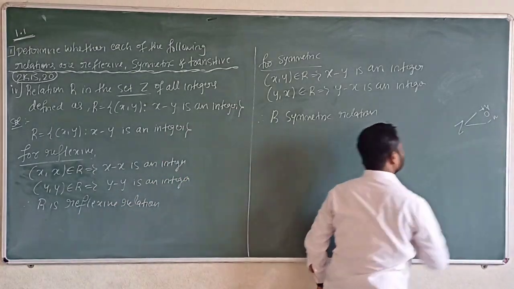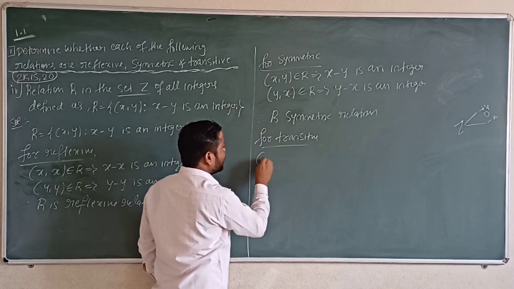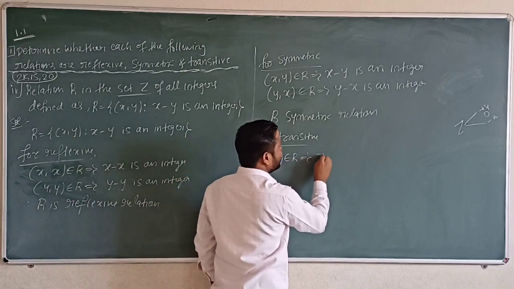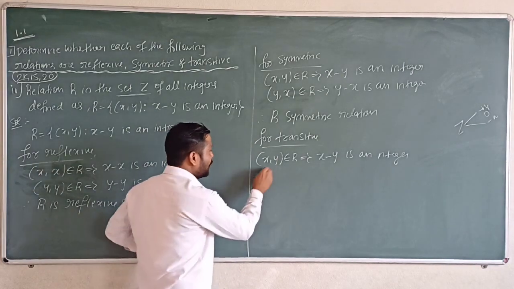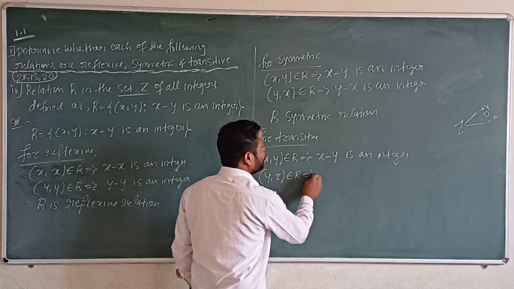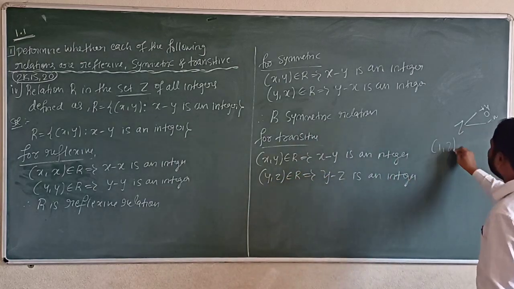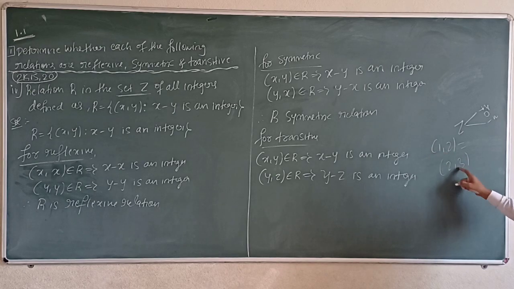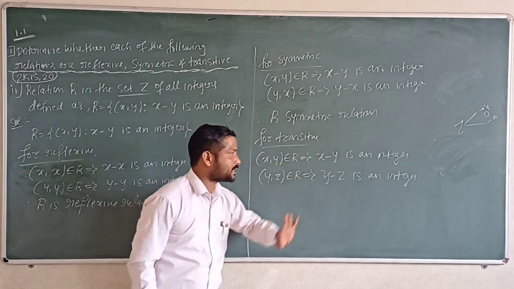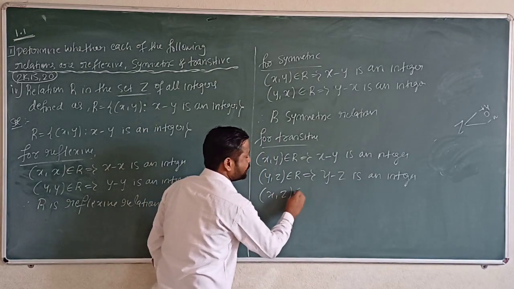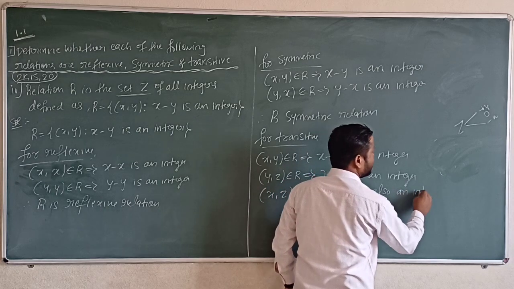Take up transitive now. For transitive, we know that x comma y belongs to R implies x minus y is an integer. Take x comma y and y comma z belonging to R, which implies y minus z is also an integer. For example, 1 comma 2 is an integer, 2 comma 3 is an integer, then 1 minus 3 is also an integer. So x minus y is an integer and y minus z is an integer, then x comma z belongs to R, which implies x minus z is also an integer.